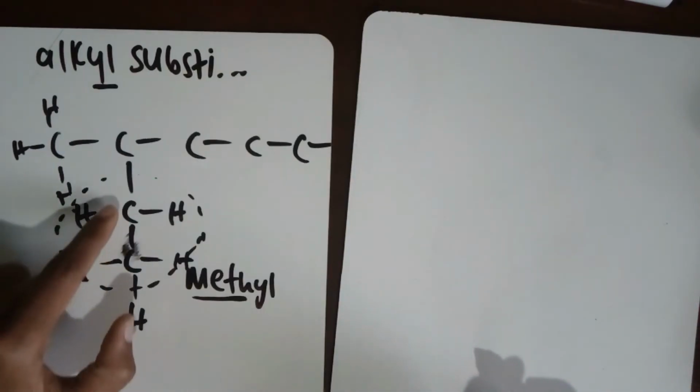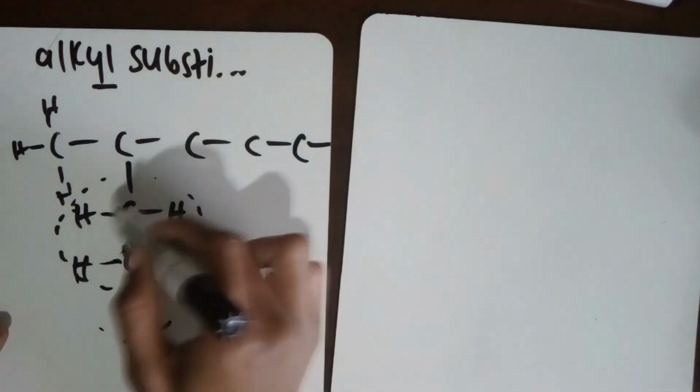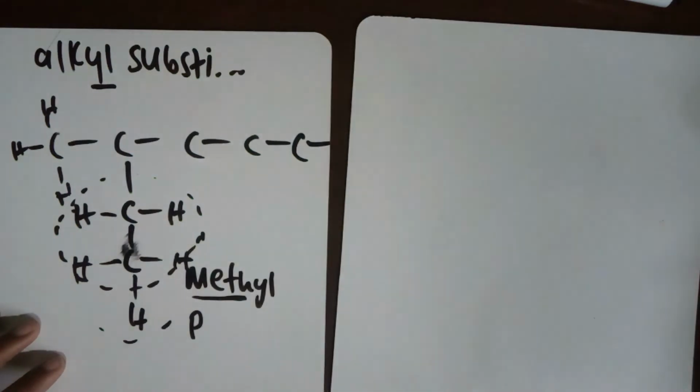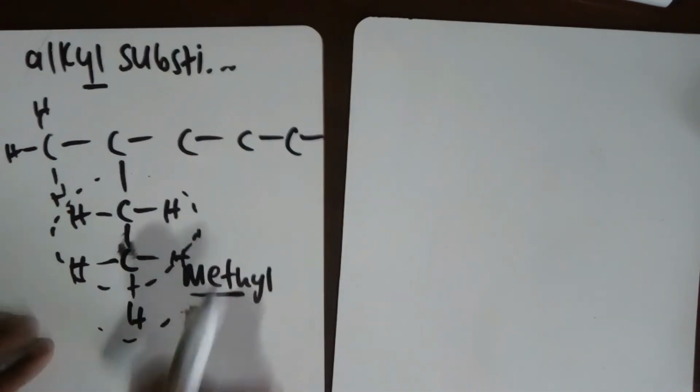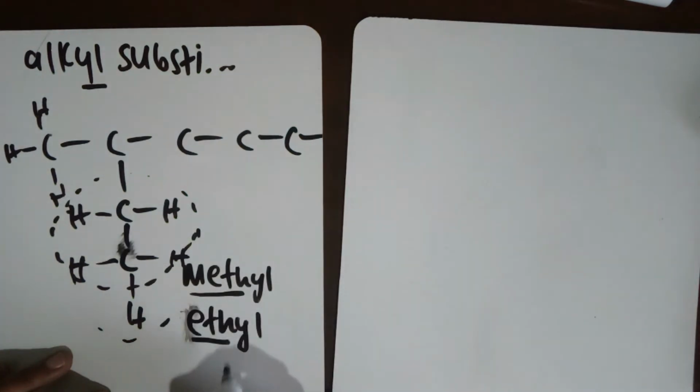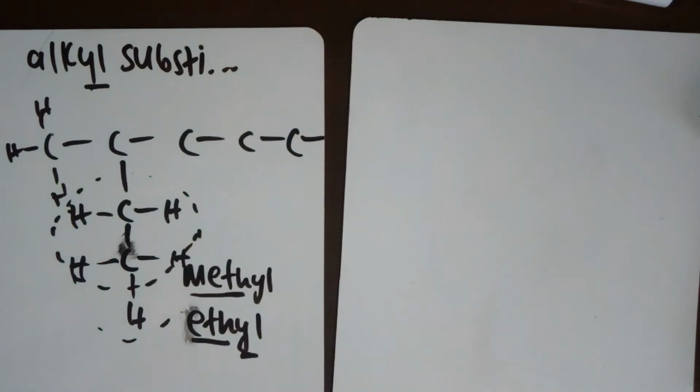If it had two carbon atoms, we'd call it, what is it? Ethyl. I'm lying, I almost wrote propyl. So it's going to be ethyl. So remember, eth means two, and then YL is just because it's an alkyl substituent. And the thing continues. If there were three, it would be propyl.